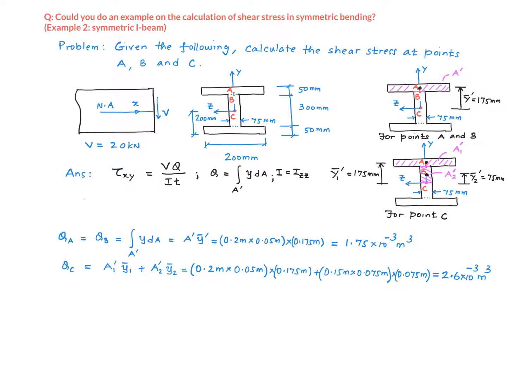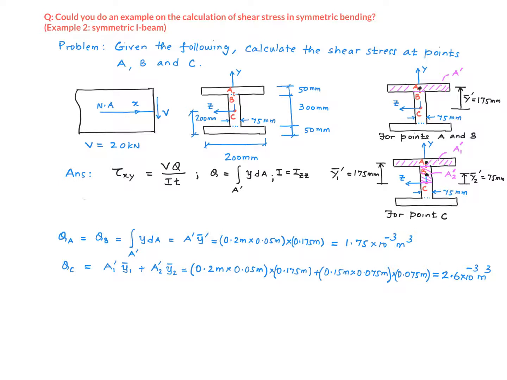A prime is 200 millimeters. So let's use meter as our unit of choice for linear dimensions. That'll be 0.2 meters, multiplied by the thickness of the flange, which is 50 millimeter, or 0.05 meters, and multiplied by y bar prime, which is 0.175 meters. That is calculated to 1.75 times 10 to the minus 3 meter cubed.